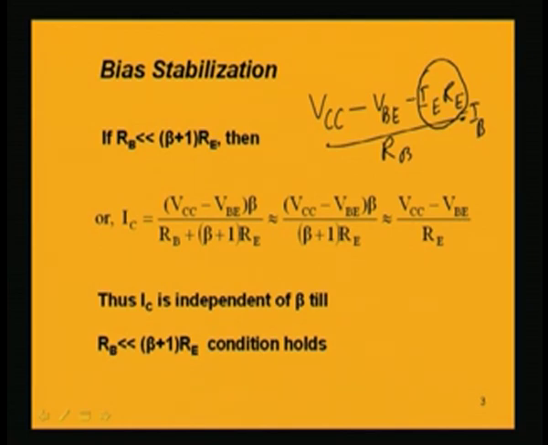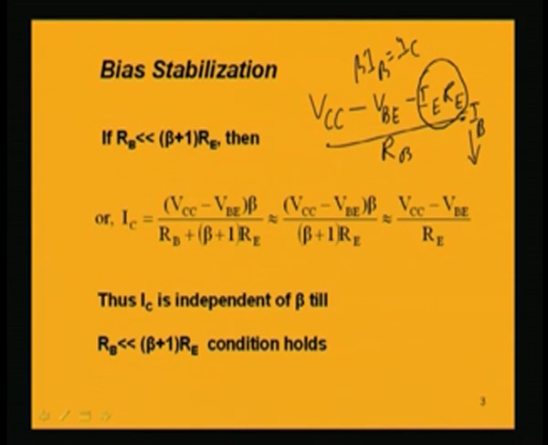As it is having a negative sign, increment of IE RE means the whole numerator quantity will decrease. As a result, we now have IB lesser, so whatever increment has taken place in IC will be balanced, because of the numerator quantity being decreased. So, IB will again come down, and the coming down of IB will in fact bring the IC down, because beta times IB is equal to IC.